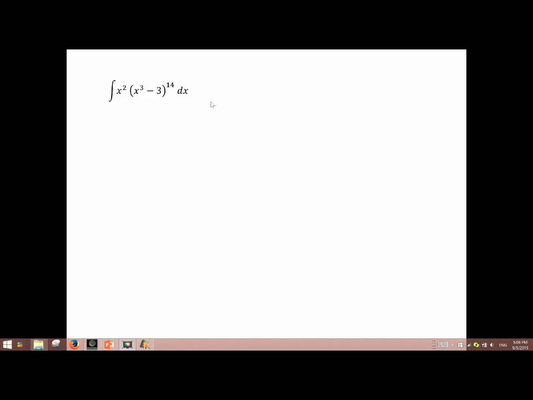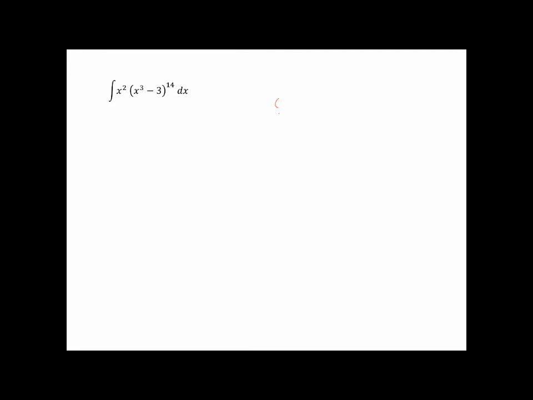Okay, for this one, I noticed the highest power on x is 3, and the smallest one is 2. If I think in this way, the derivative of x cubed minus 3 is 3x squared dx, which exactly gives me this part, right? x squared dx.